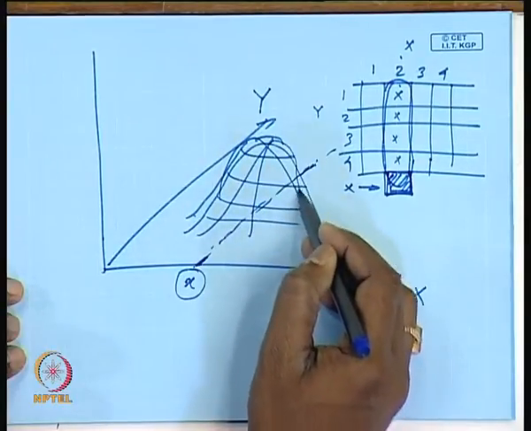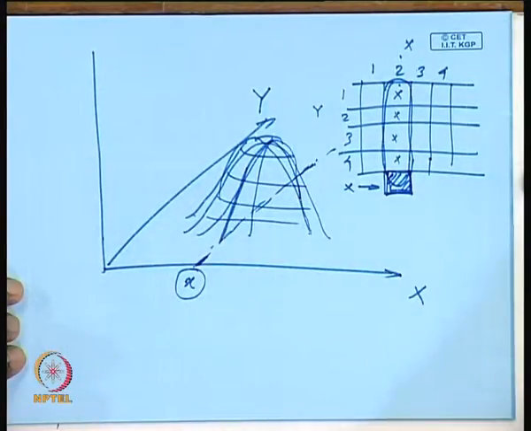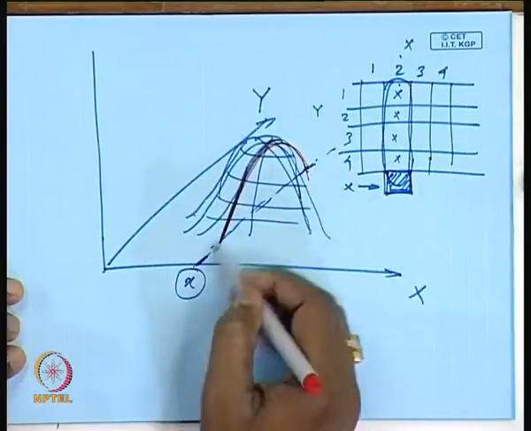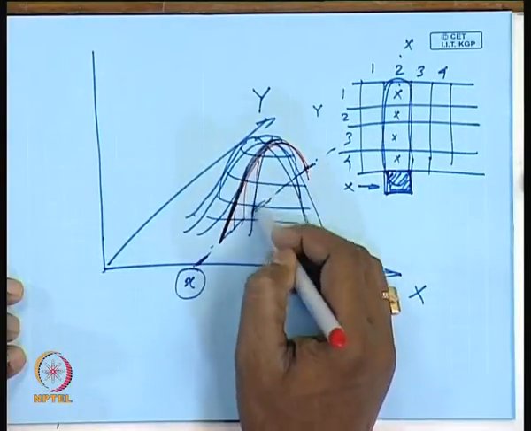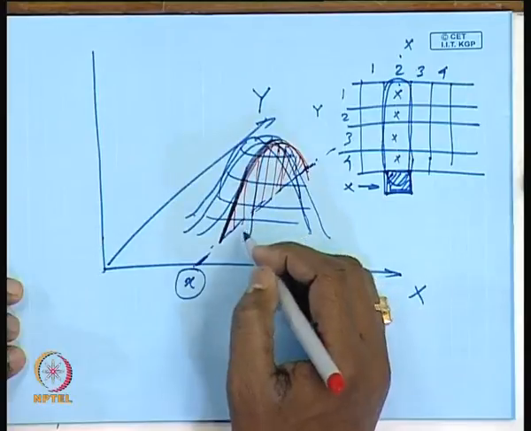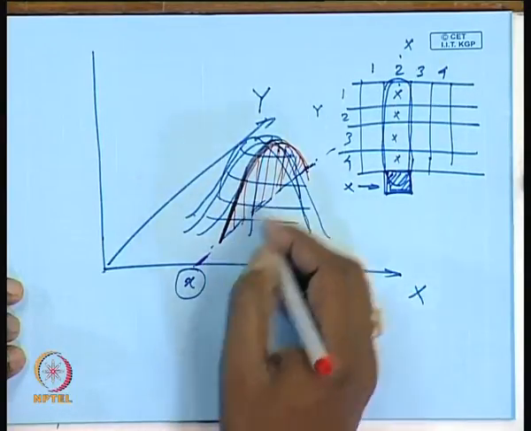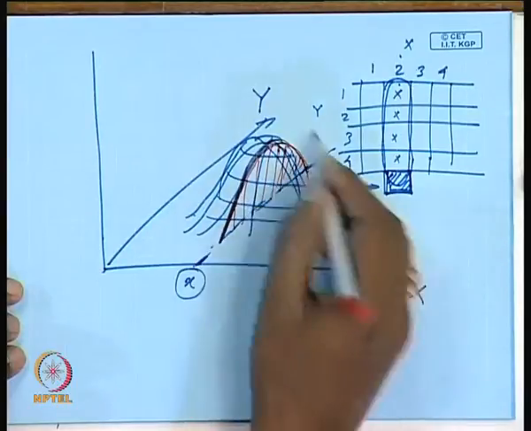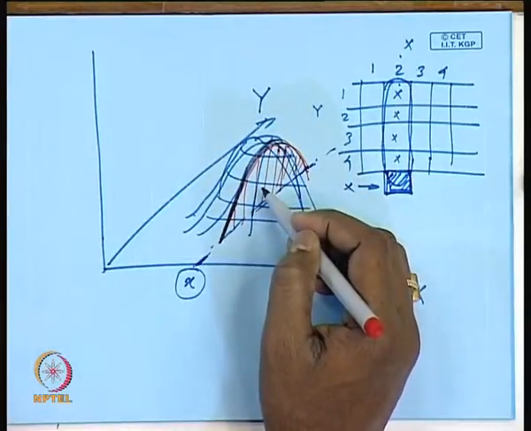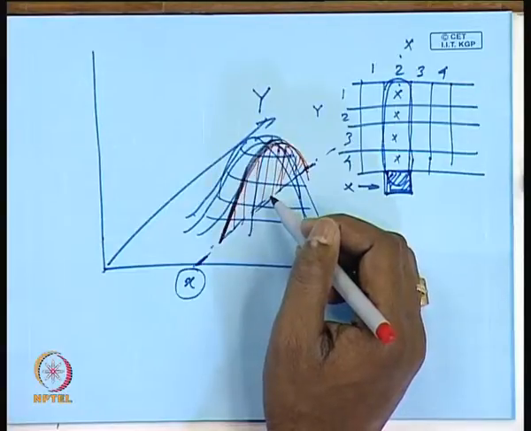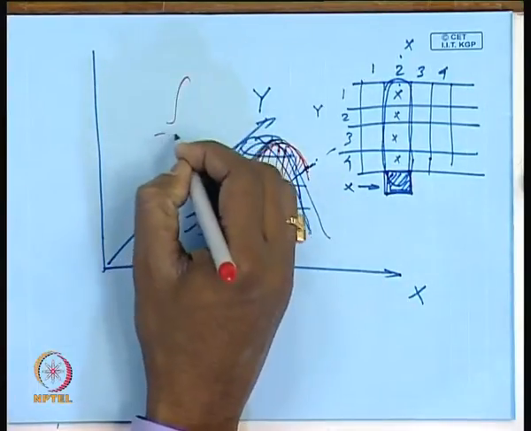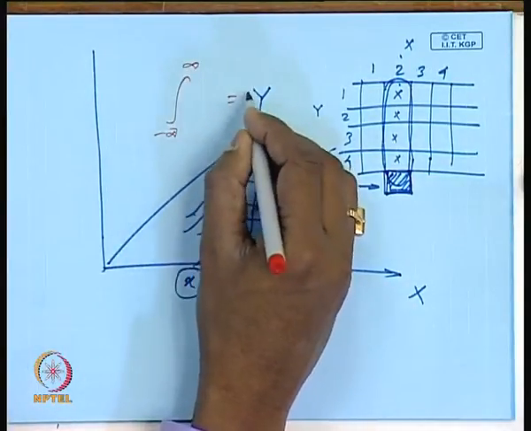Whatever section I see through this x, the total distribution through this x is divided by the joint distribution, and then the final distribution that we get will follow the second property of a probability distribution function, that its integration over the entire range of y should be equal to 1.